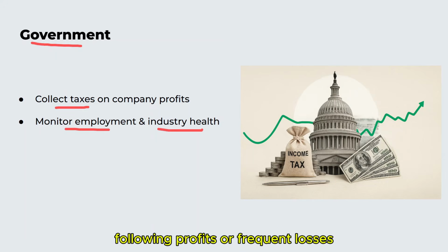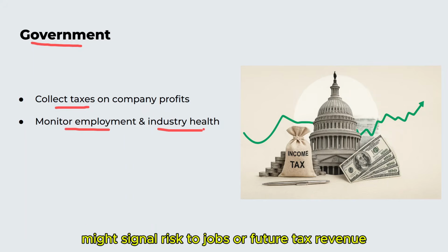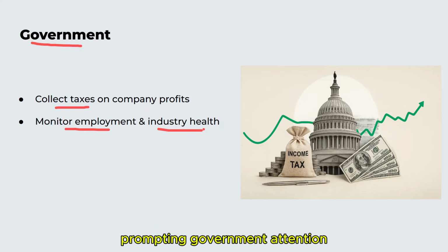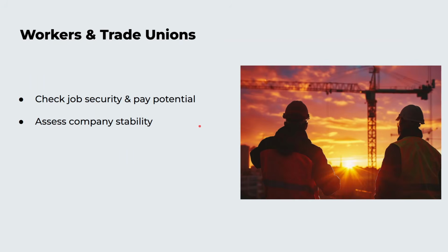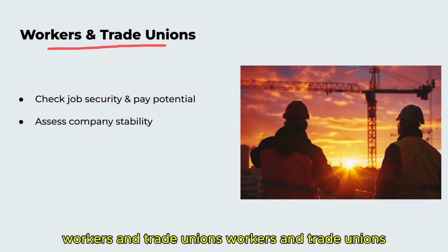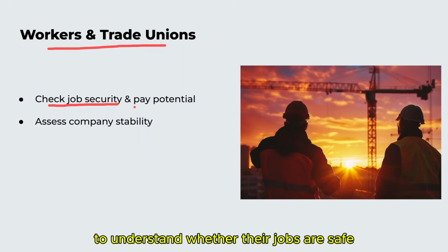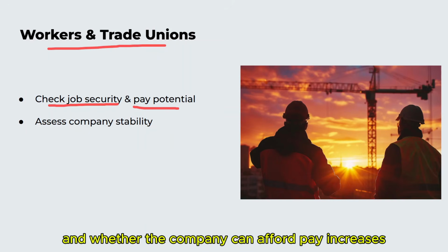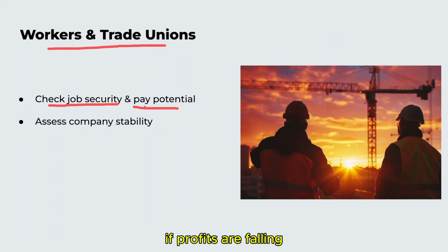Falling profits or frequent losses might signal risk to jobs or future tax revenue, prompting government attention. Workers and trade unions. Workers and trade unions look at accounts to understand whether their jobs are safe and whether the company can afford pay increases. If profits are falling, unions might prepare to negotiate or protect employees from layoffs.